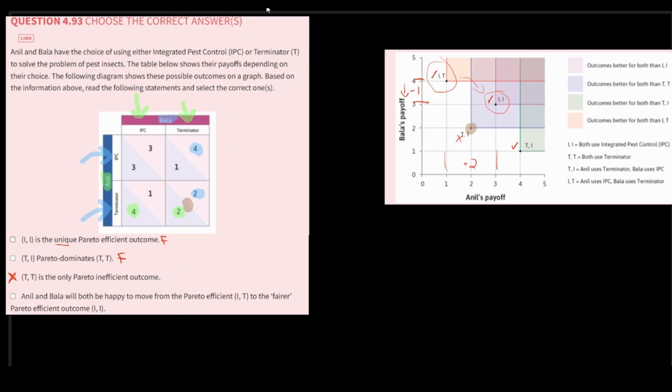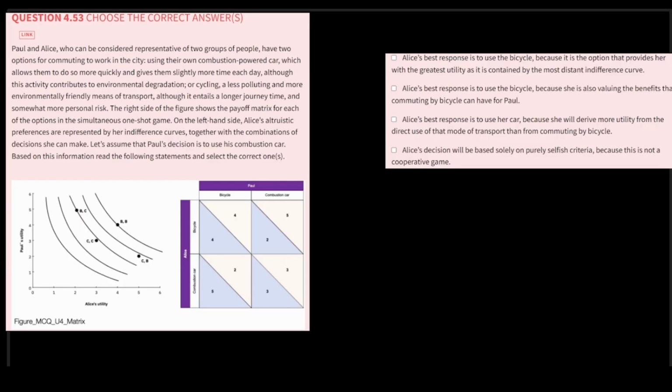Let's go take a look, I believe, at our final question. Okay, here is the final one, leaving this one for last as it's getting into the most difficult, fun aspects of it, and that's where we are dealing with both our payoff matrices, Pareto domination, the Pareto criterion, as well as we're throwing in these indifference curves and whether we are completely selfish or altruistic, and that's going to change our potential outcomes here.